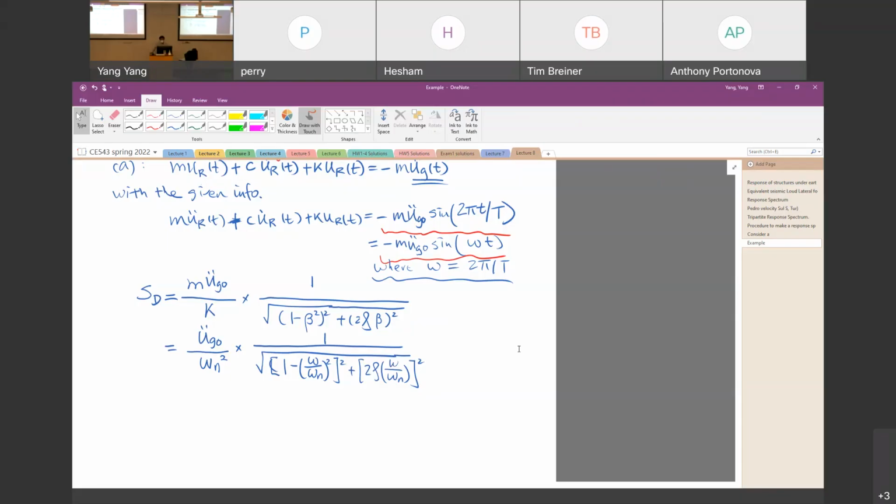Any questions up to here? It's very simple. So now, because typically the response spectrum is plotted as the maximum response versus the period, we need to use the natural period here, other than the natural frequency.